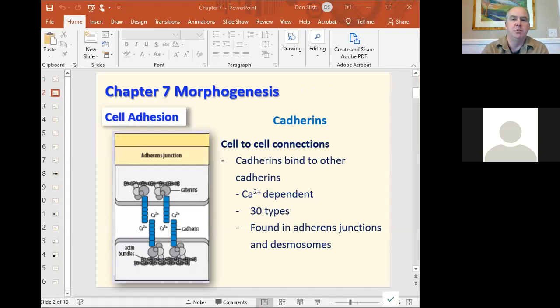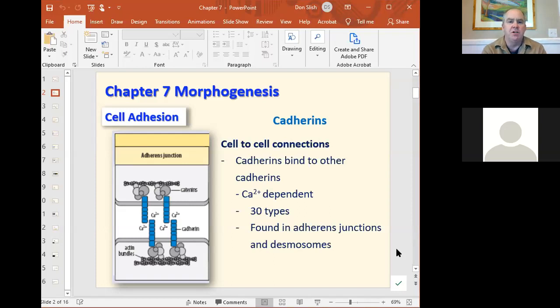We saw mesenchymal cells that were constantly moving until they got into place. And so we'll talk in the next lecture. The first thing we'll talk about in the next lecture will be that epithelial to mesenchymal transition and mesenchymal to epithelial transition. So that's all kind of wrapped up in here with cell crawling and cell attachment.